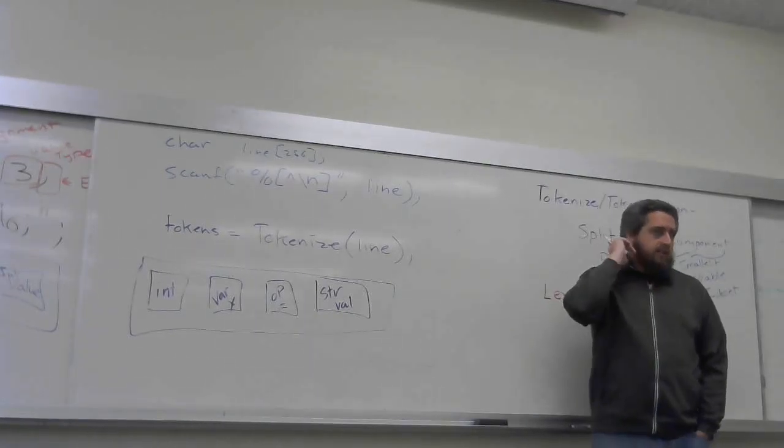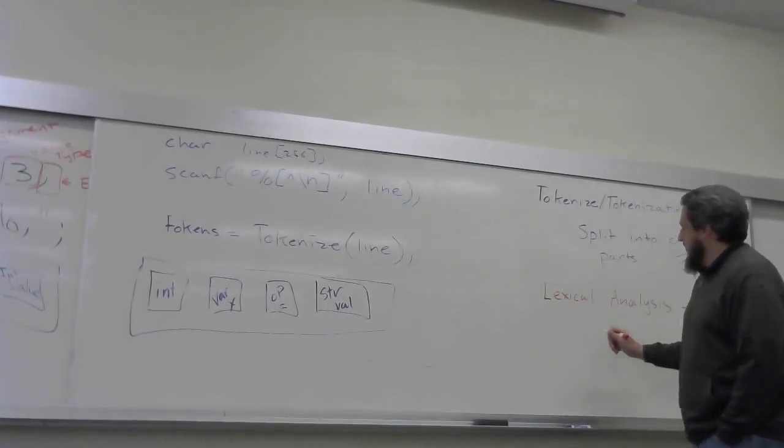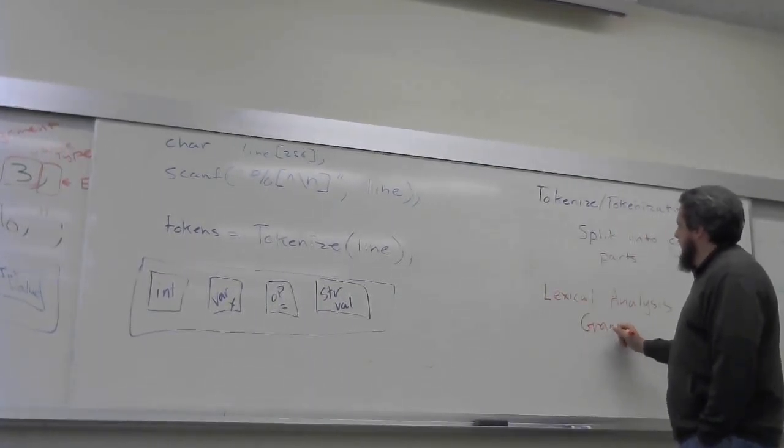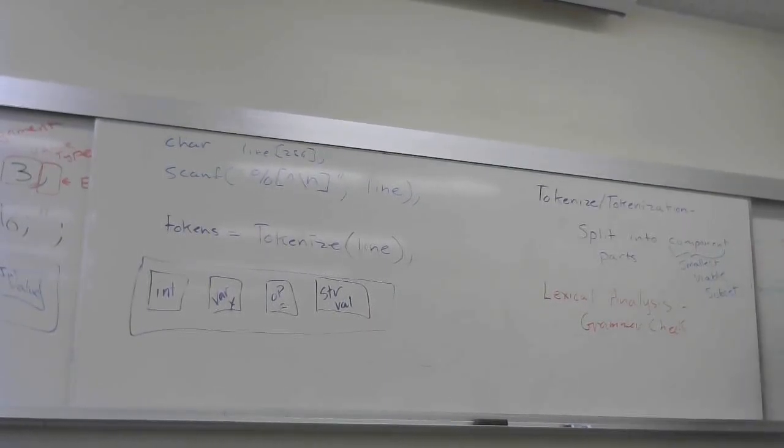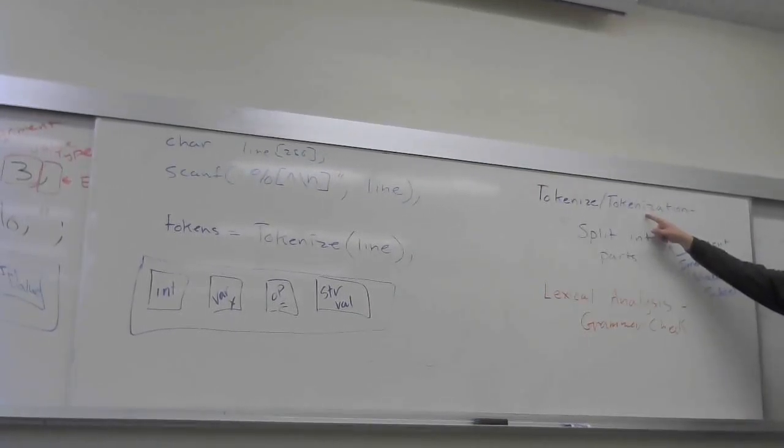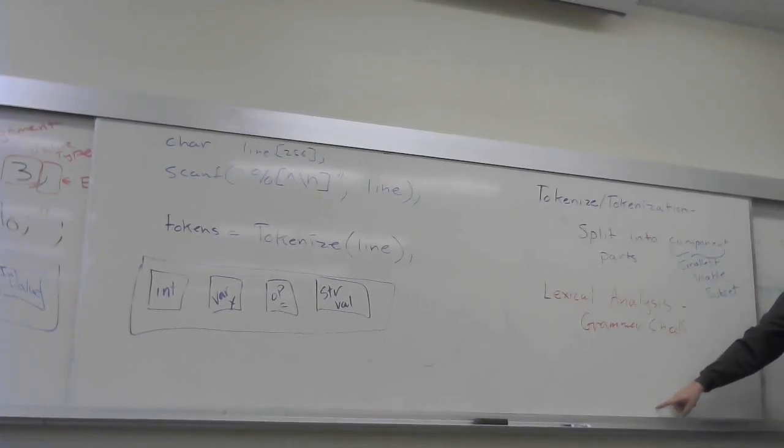Grammatically correct. Grammar. So we're doing a grammar check. Somebody else said spell check, right? Spell check is kind of like tokenization, and then there's a little bit after lexical analysis as well, whether or not we're going to do spell check.